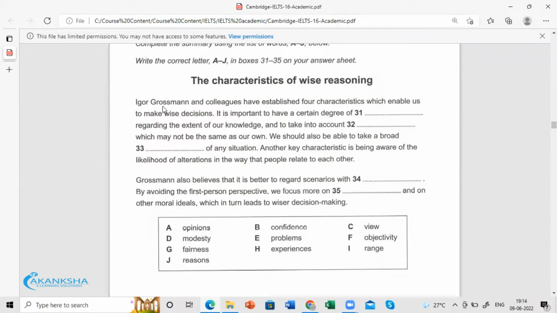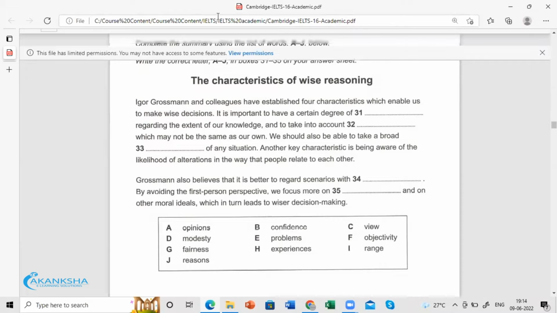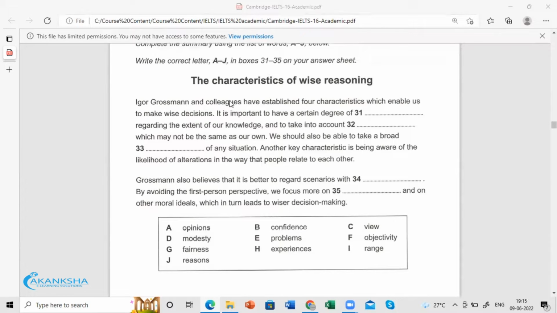So Igor Grossman and colleagues. This will be an easy word for us to identify, because a name of a person or a place or a thing could be important for us. So Igor Grossman and colleagues established.